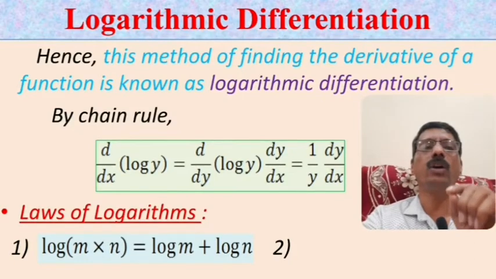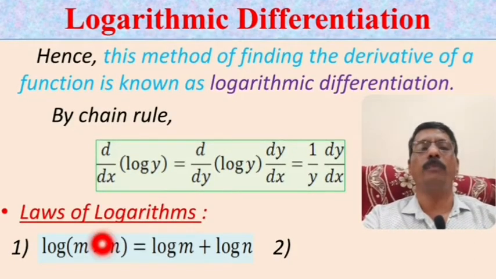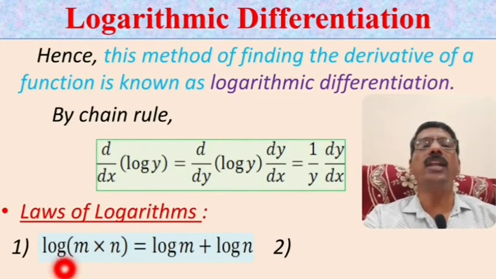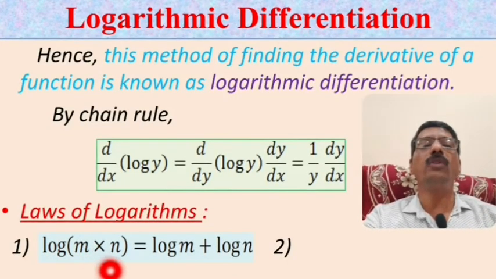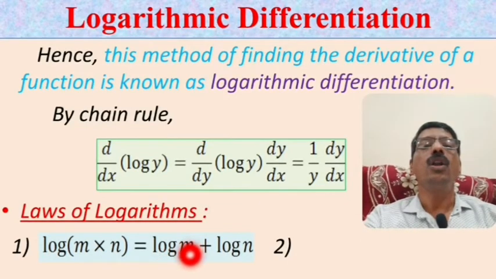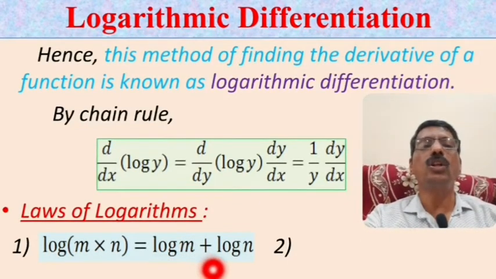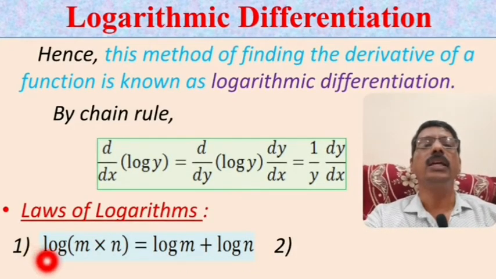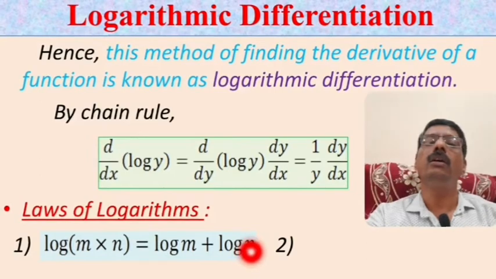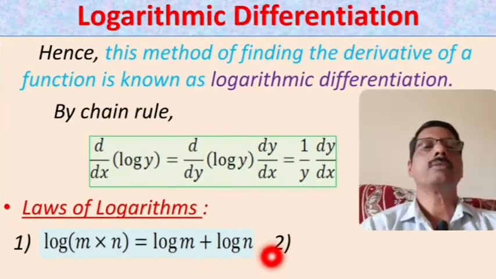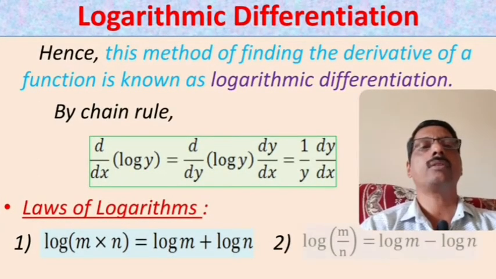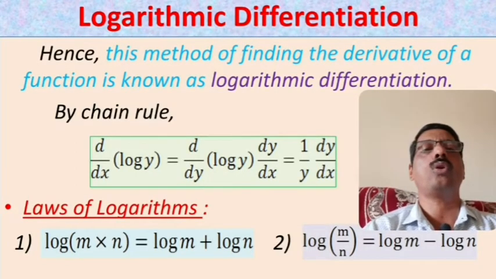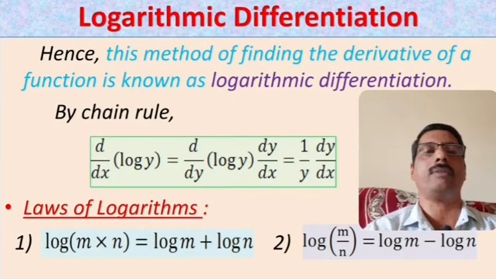That means when the given function is in product form, with m and n the two functions, then we get log of first function plus log of second function. That means the logarithm of a product of two functions is nothing but the sum of the logs of the two functions.